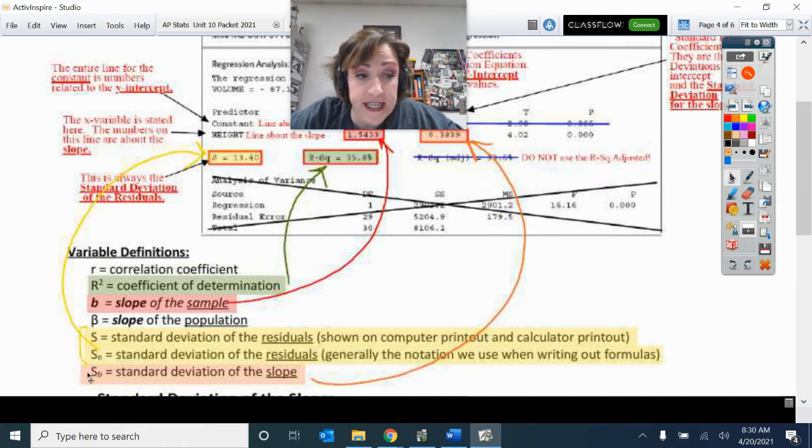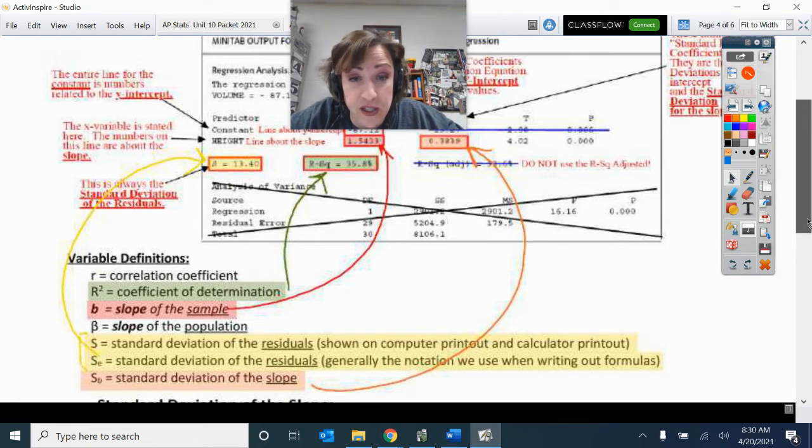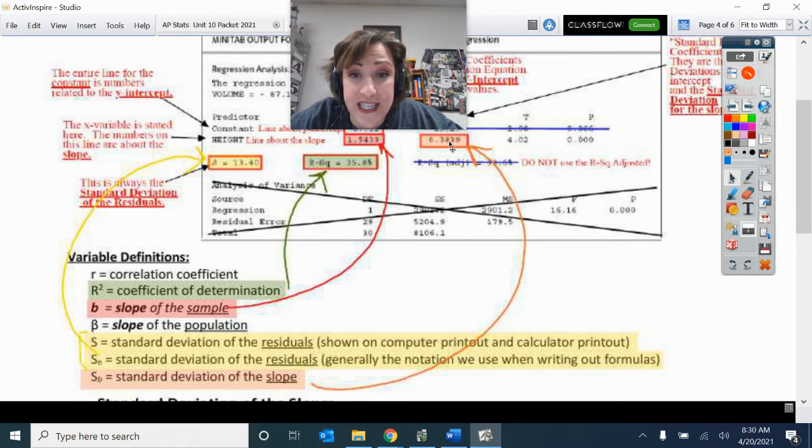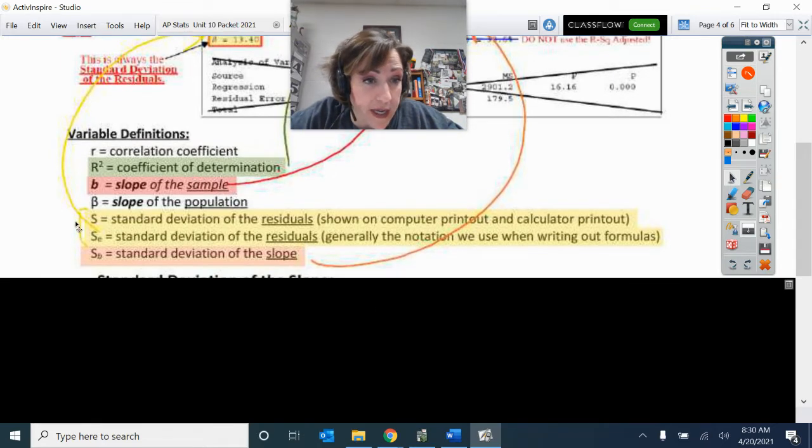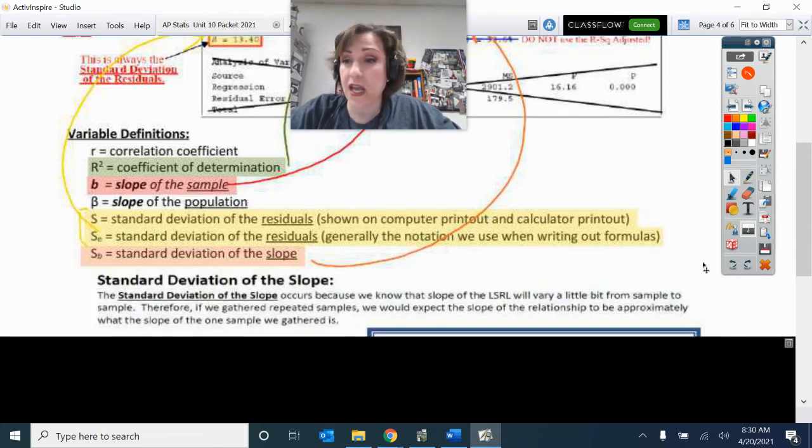Now, S with a little b, because remember, b is the slope, is the variable we will use for the standard deviation of the slope. So it's important that you tuck away this notation, especially S with a little e and S with a little b.